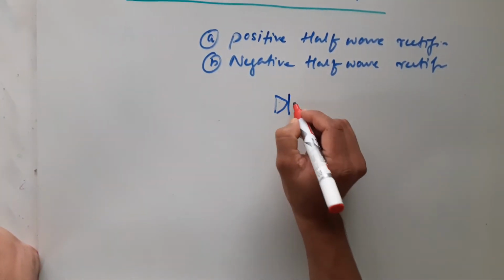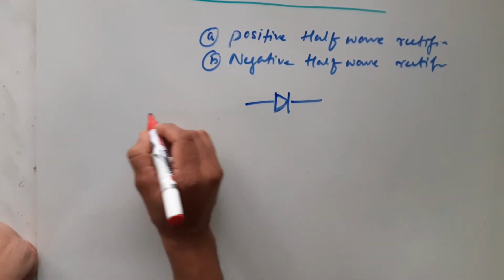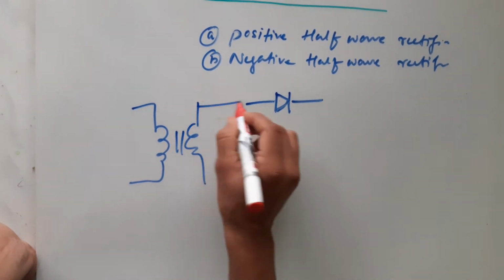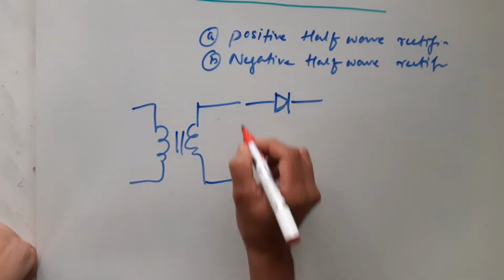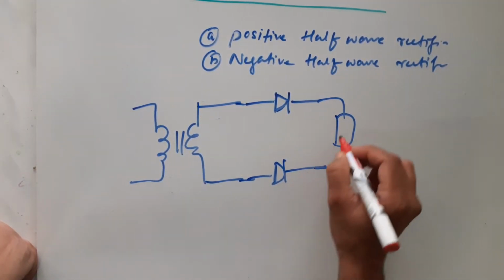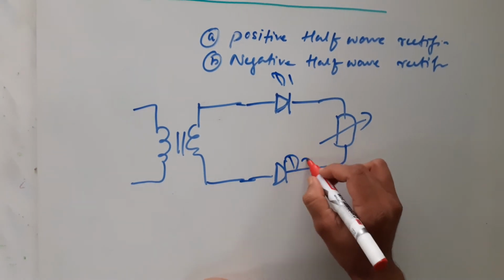When you use a diode in your rectifier, you remember this circuit? Load, diode D1 and D2.